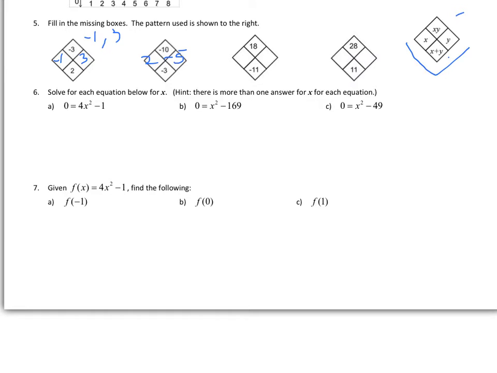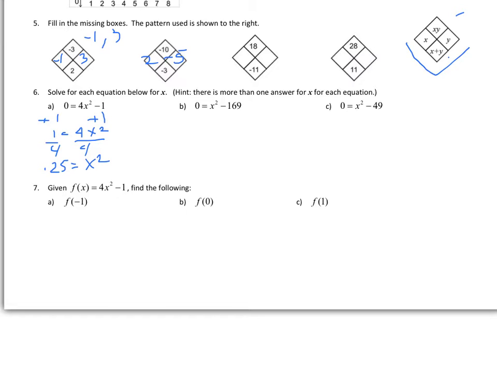On number 6, we have to remember that a negative times a negative is a positive, as well as a positive times a positive. That is what they're talking about when they say there's more than one answer for x. So for instance, to solve a, I would add 1 to each side, and I get 1 equals 4x squared. Divide by 4, and I would get 0.25 equals x squared.